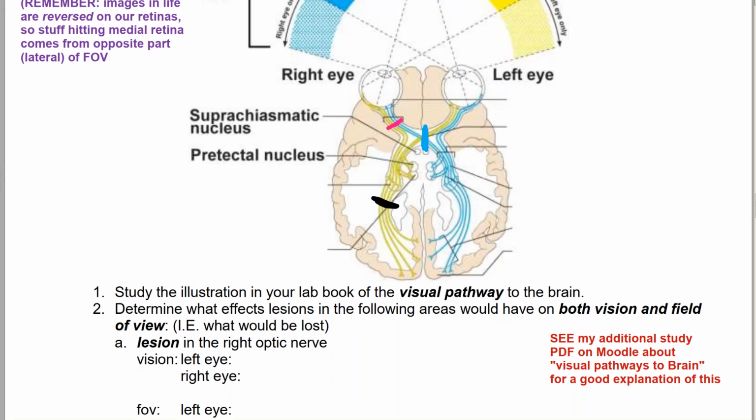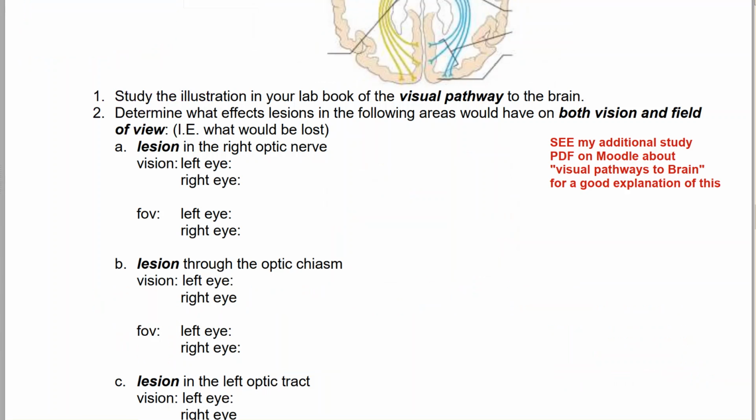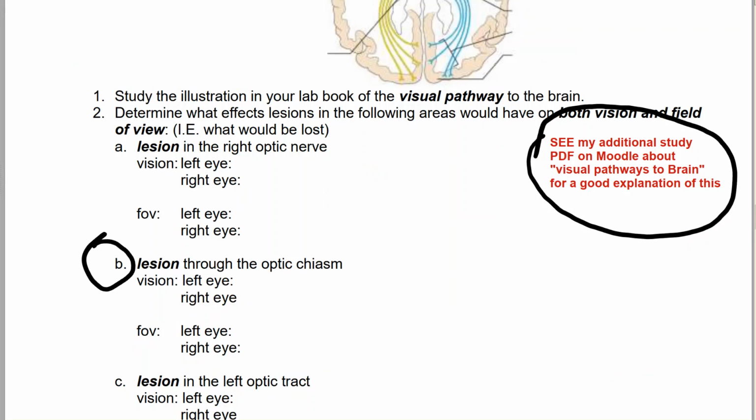And that's what you're going to be comparing and contrasting. On Moodle, I will include a written explanation for how vision and field of view are different from each other. That should help you. I also do B as an example, so check this out. It's useful. It's on Moodle.